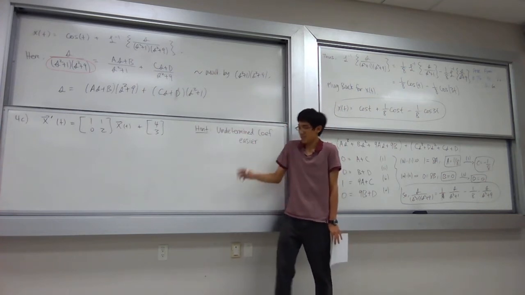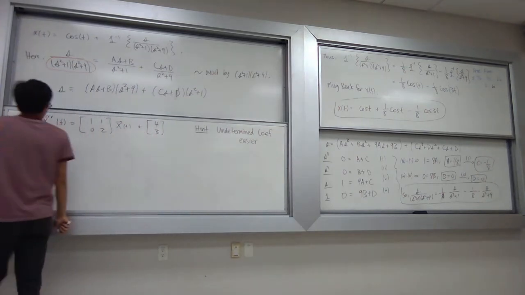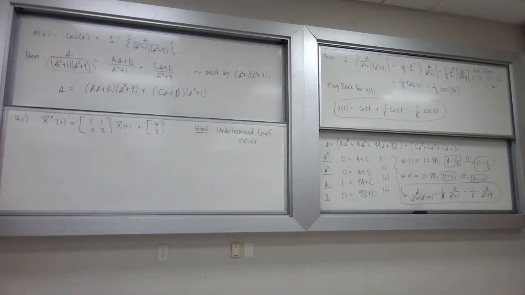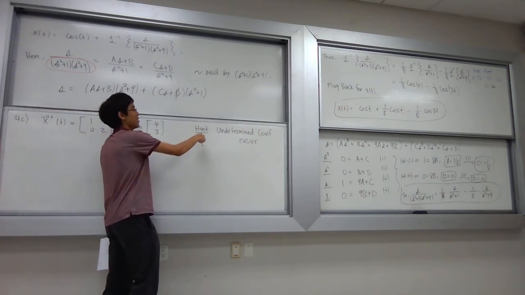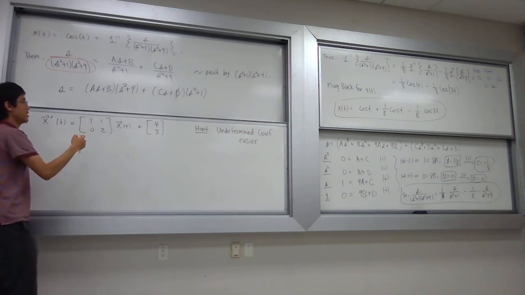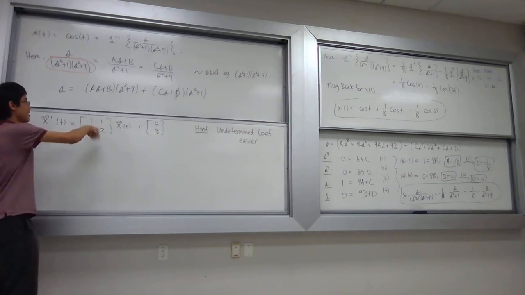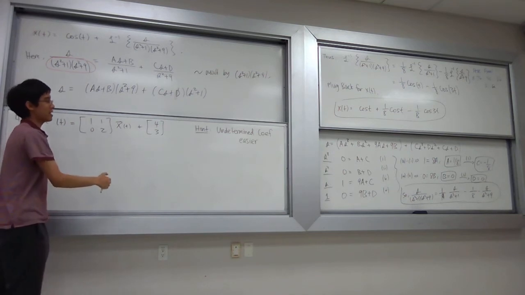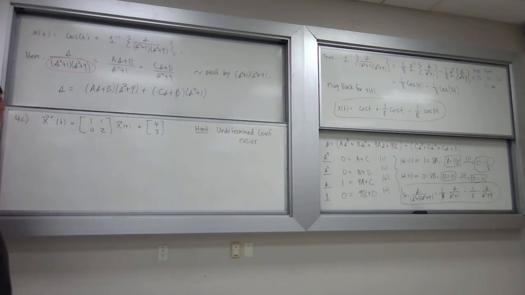So it's up to you, but that's kind of the trend in general. Also, this usually always works for at least the problems we'll see. Like if there's a defective eigenvalue, then you have to use this. That's the caveat. But I don't think we should ever see that.